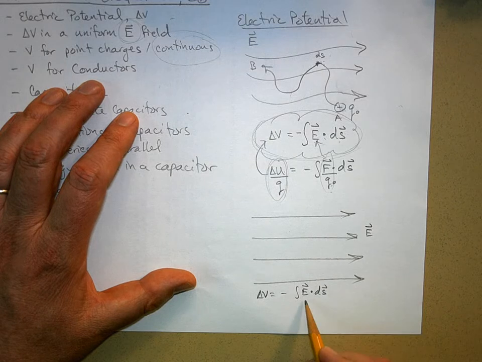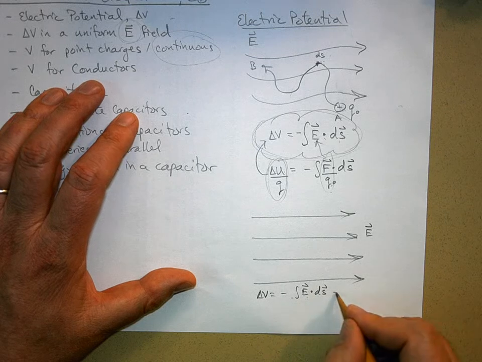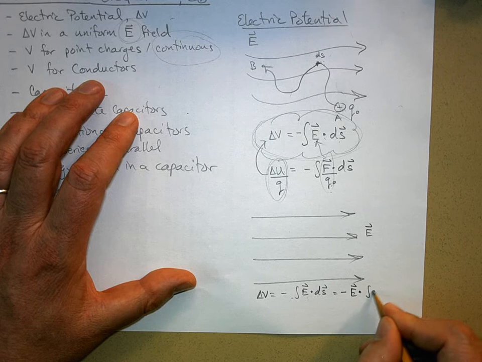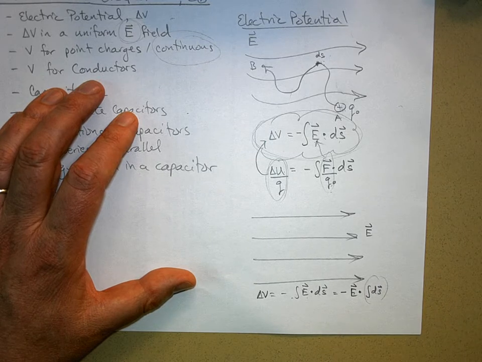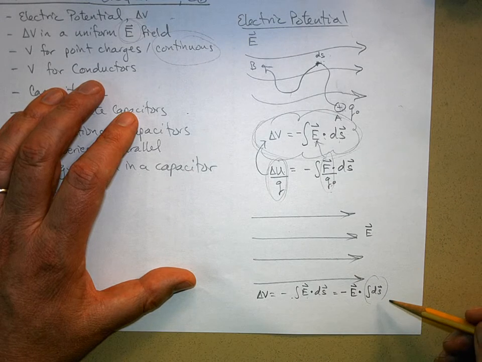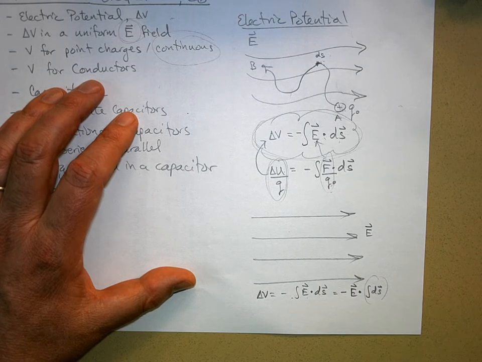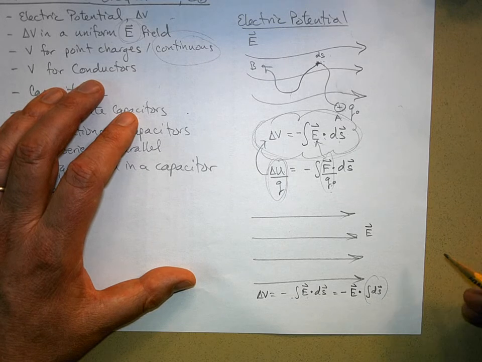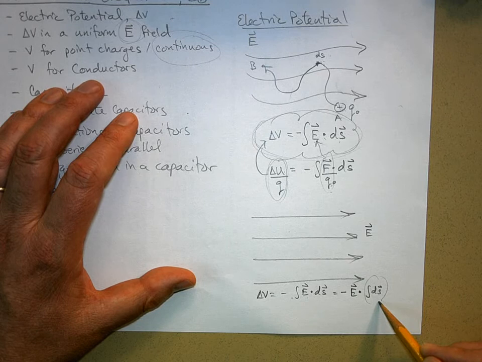But the electric field is a constant. And what happens in integration when it's a constant? It comes out of the integral: negative E, dotted with the sum of all the ds's. Well, what is the sum of all the ds's? The sum of all the little displacements. Sometimes we use ds, sometimes we use dr, whatever people happen to be using. That's your total displacement.